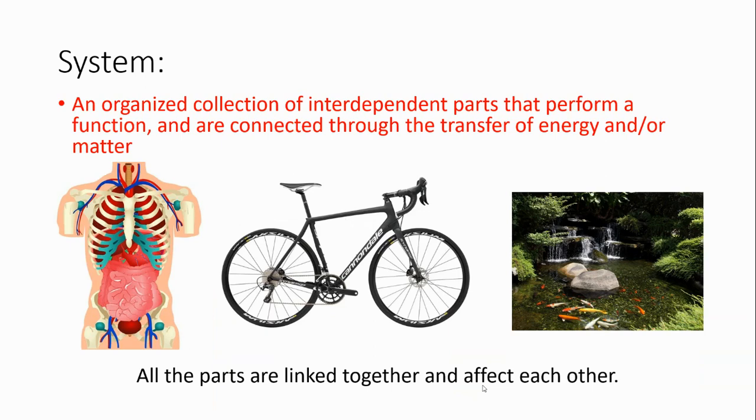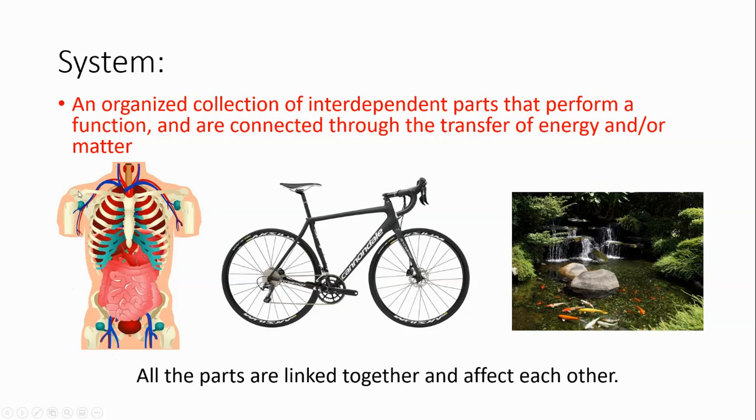Here's the actual IB definition of a system: an organized collection of interdependent parts that perform a function, and they're connected through the transfer of energy or matter. That part's pretty important. Examples: the human body is made of a bunch of systems.